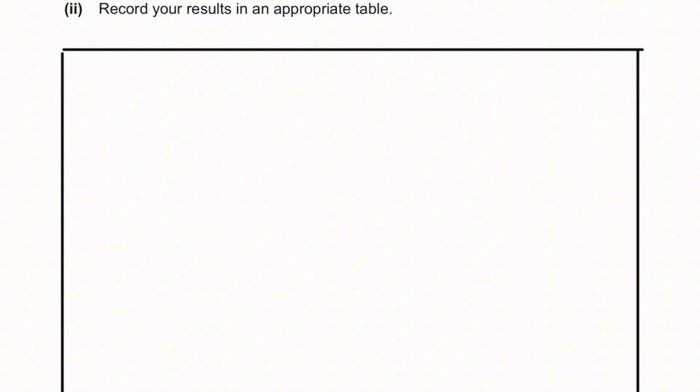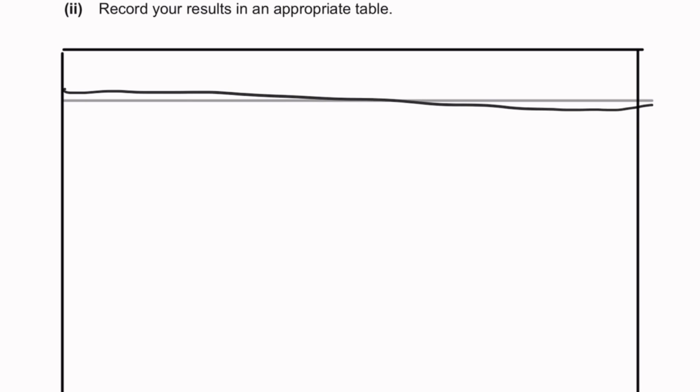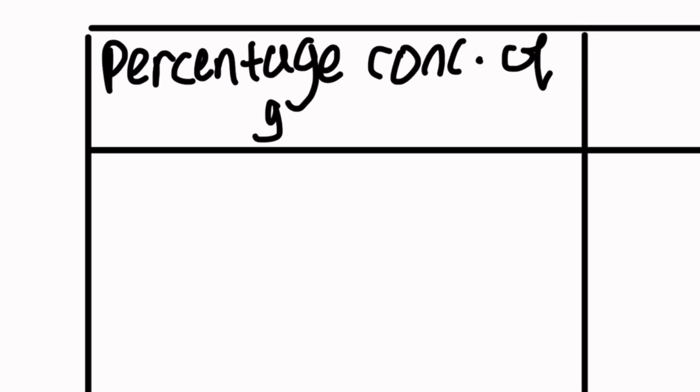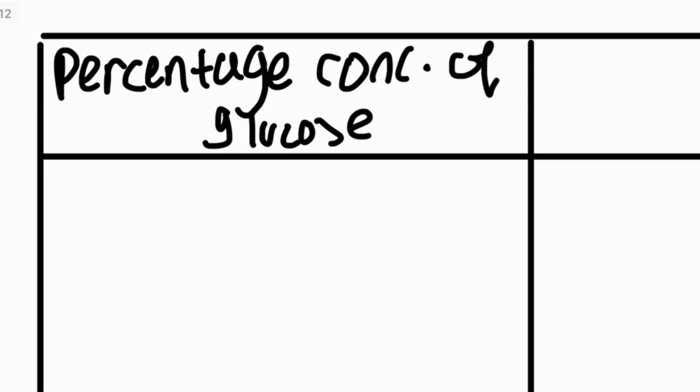Here I'm going to have the glucose against the time. So I write down here glucose. I think it was percentage concentration of glucose. Obviously make sure to write it fully. I just don't have much space.